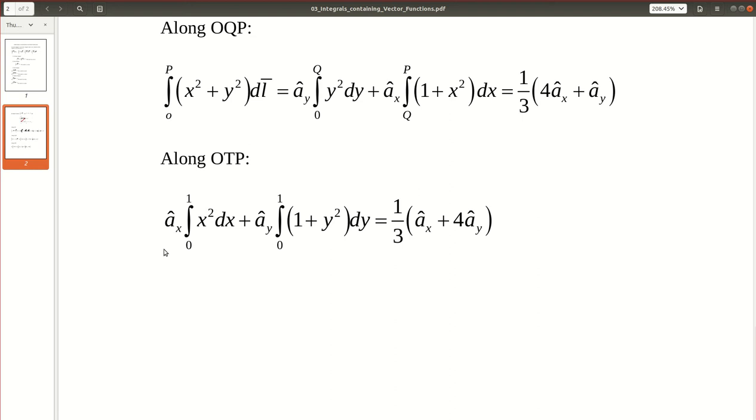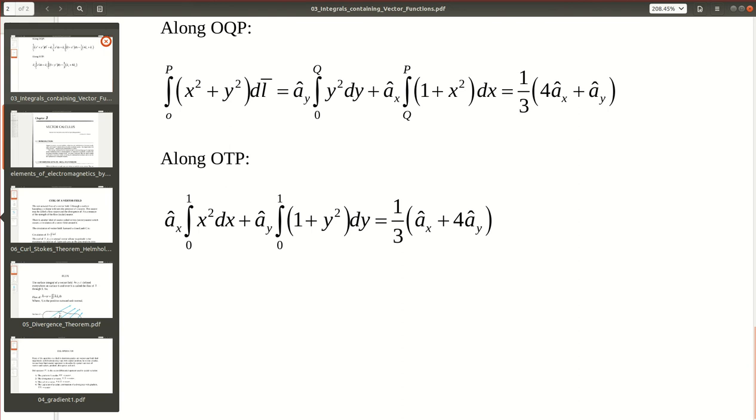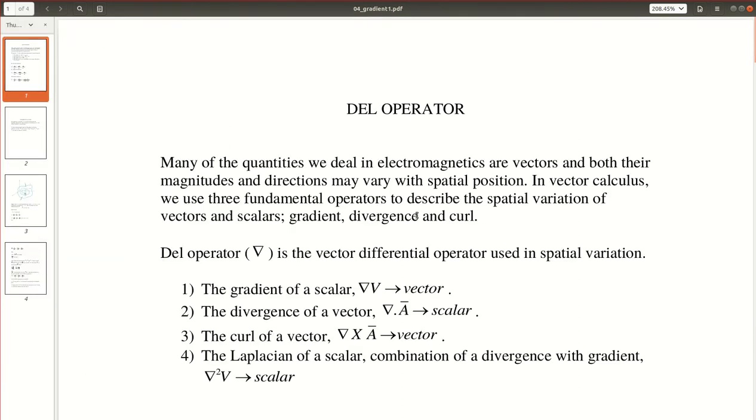Now let's go to another thing. Let's find that we have here the del operator. Many quantities we work with in electromagnetics are vectors. Vectors have magnitude and direction.